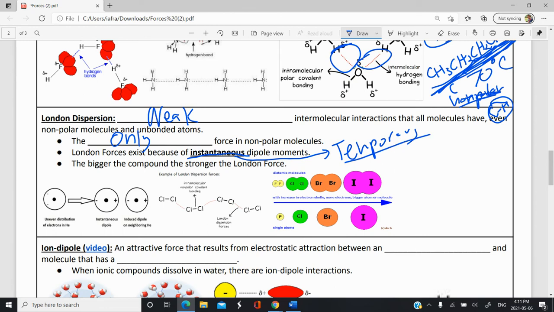One important thing about this is that the bigger your compound is, the stronger the London forces are. That's because if you have a bigger compound, you have more atoms, you have more electrons, and with more electrons moving around, you can have more of those temporary charges forming. So a bigger compound with more atoms and more electrons, and generally a higher mass, means that you're going to have more London dispersion forces.